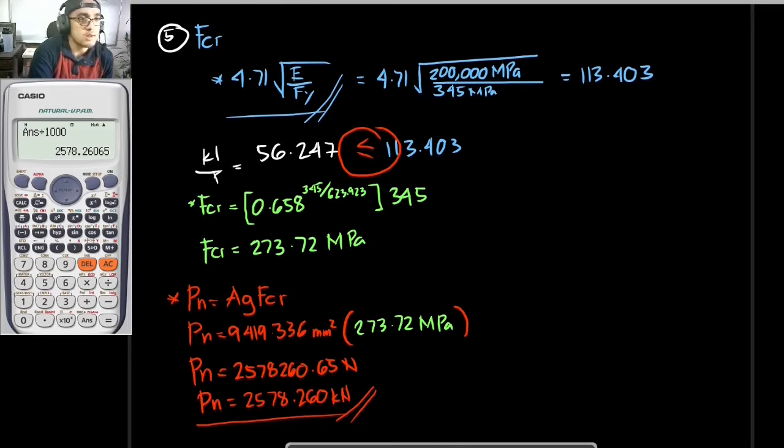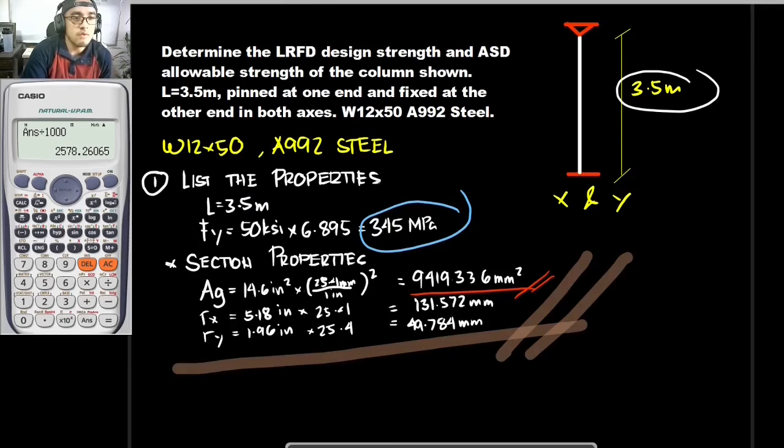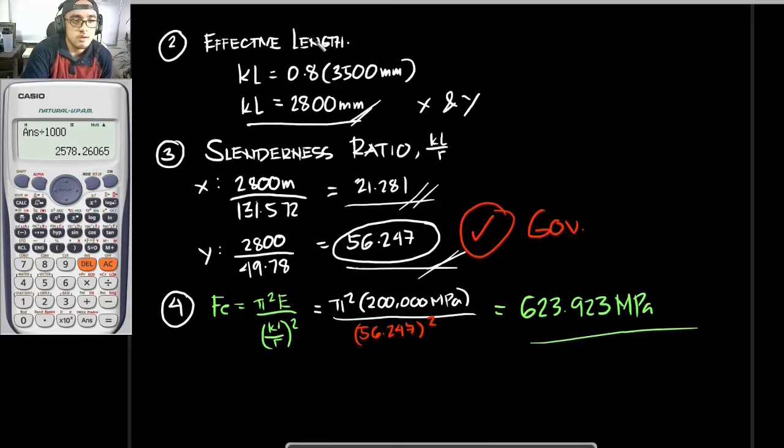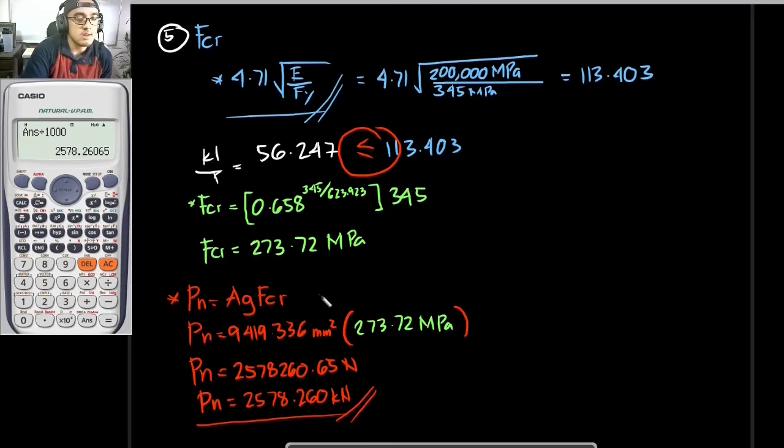Pero ang required sa atin would be to solve for the LRFD design strength and the ASD allowable strength. So, simple na lang to. For our LRFD, PU is equal to phi PN.